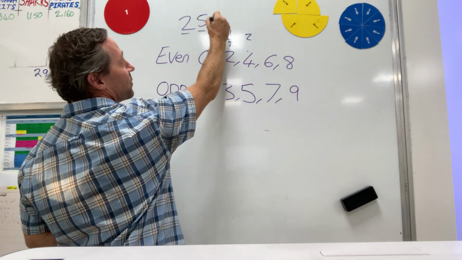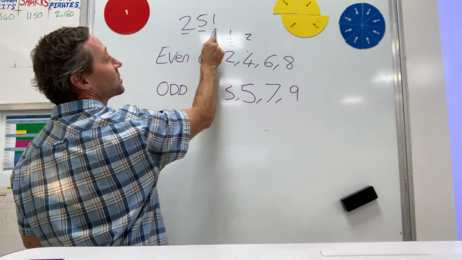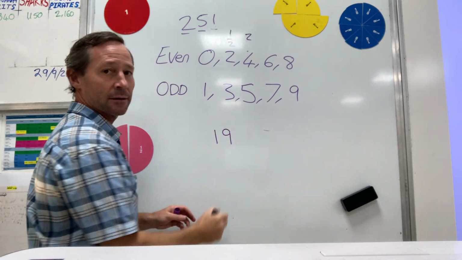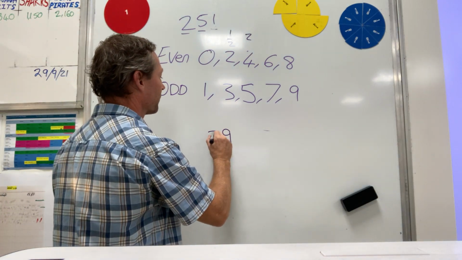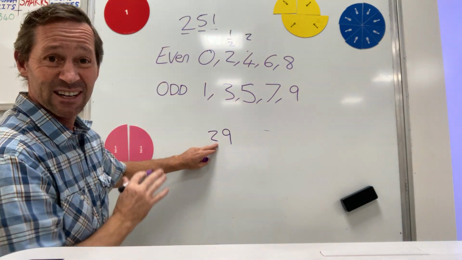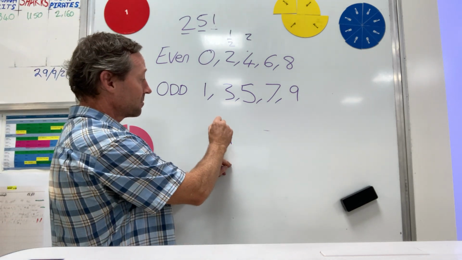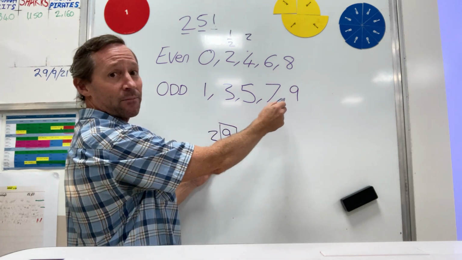If it said 251, that would have 1, 2, 3 digits. So if I look at 19, if I want to know if it's an odd or even number, let's make that 29. I don't even need to look at that first digit. I just look at the last digit. It's a 9, which means it'd be an odd number.